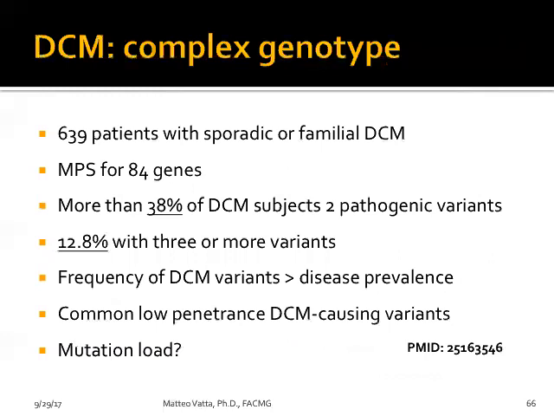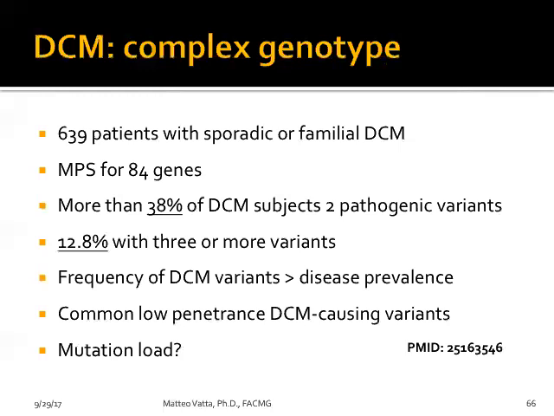But also a more complicated form of cardiomyopathy, dilated cardiomyopathy, has been seen to be quite complex from a genetic standpoint. In a study of 639 patients, they identified that 38% of those subjects were carrying two pathogenic variants, and up to 13%, 3 or more variants.